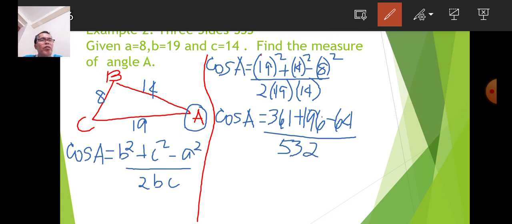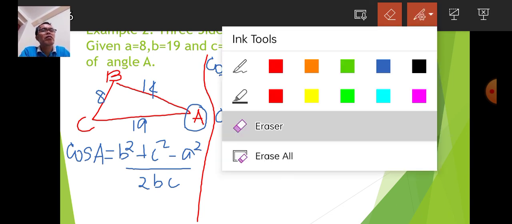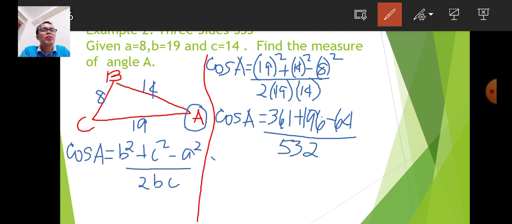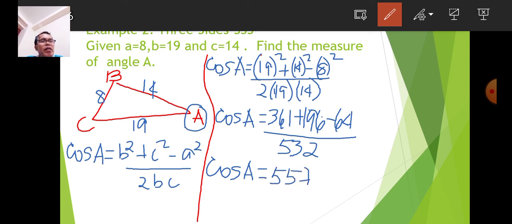Multiply it using your calculator. So you will have cosine A is equal to 361 plus 196, you will have 557, minus 64, divided by 532.